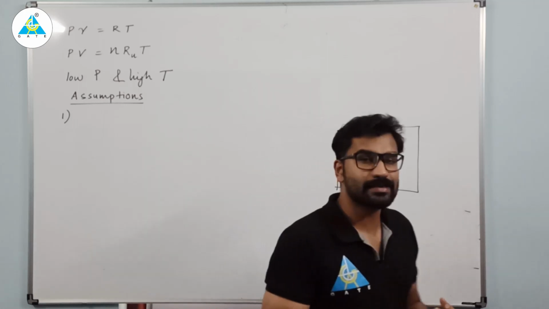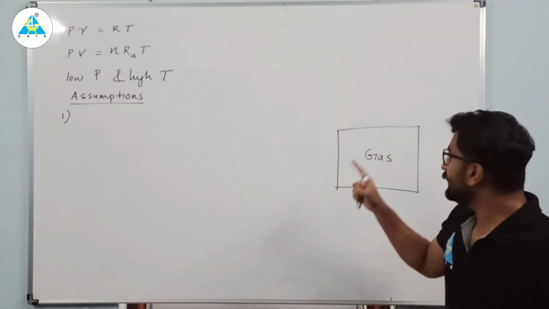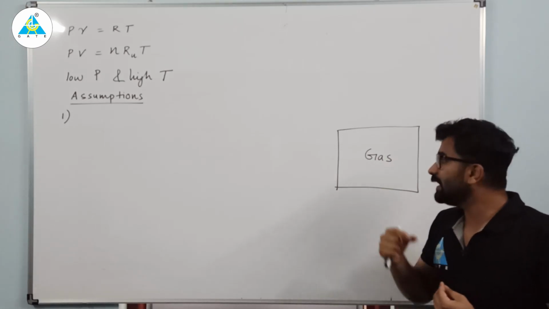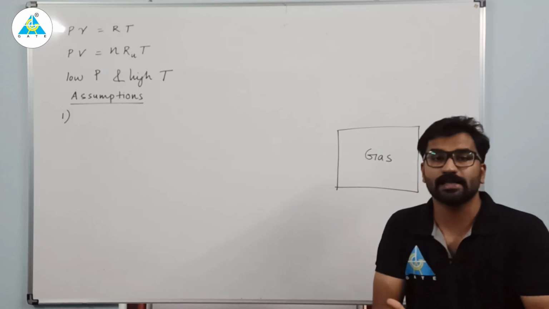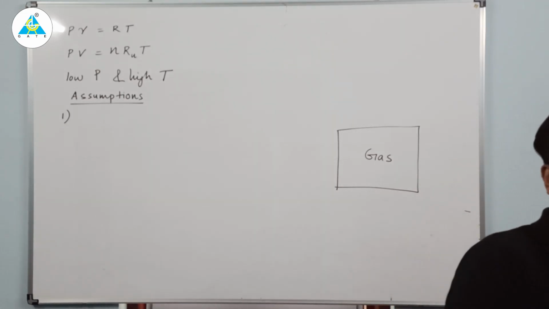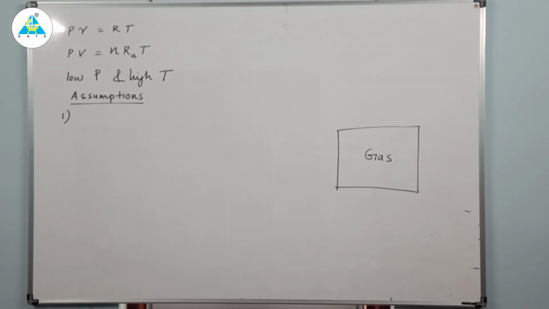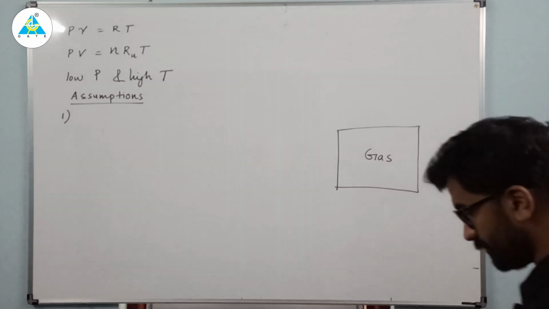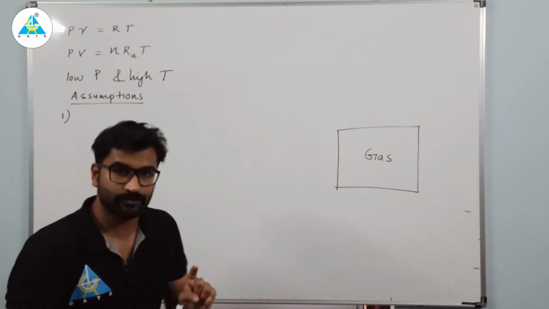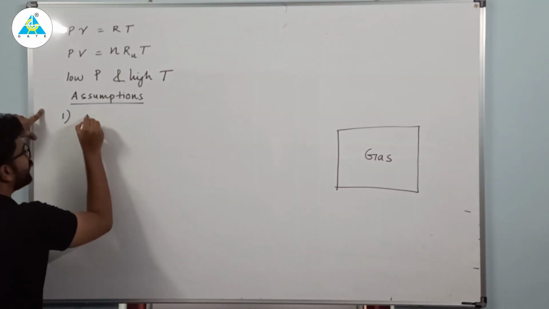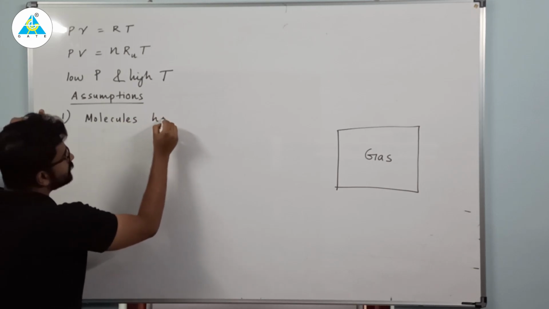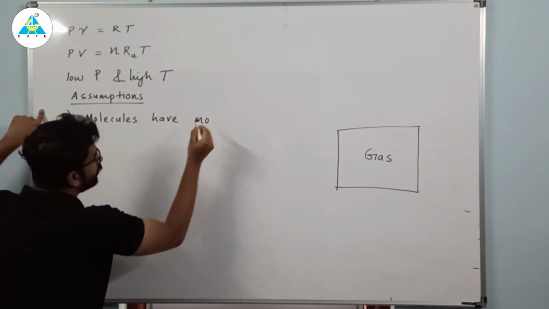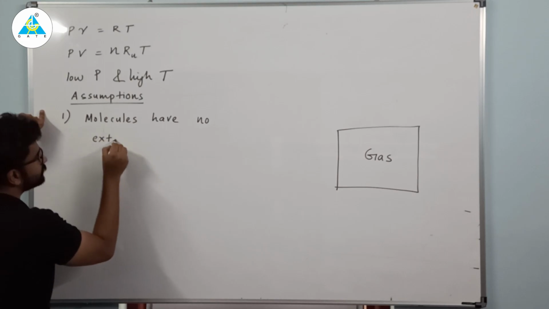Our first assumption is that we are not considering the molecular volume, the volume of the gas molecules, or we can say the molecules have no extension in space. If you want, you can write that molecules have no extension in space.